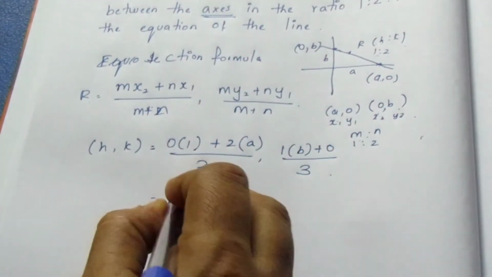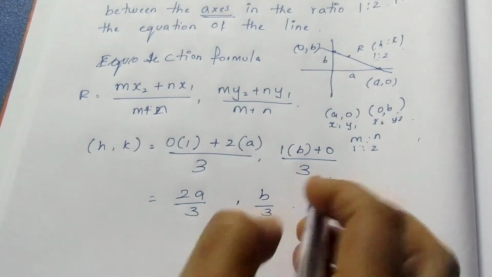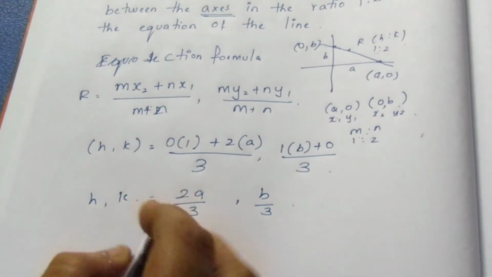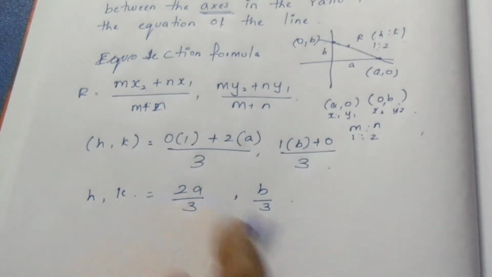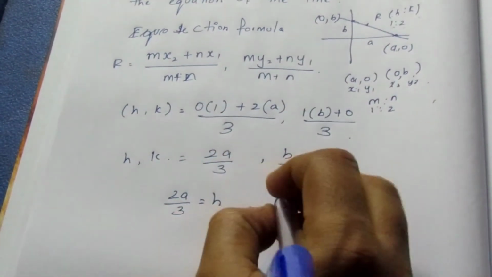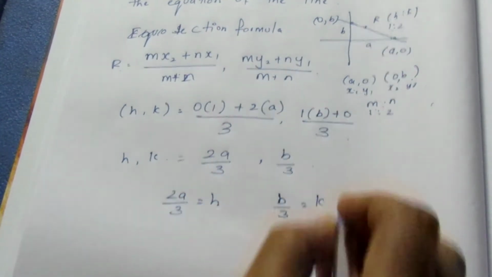Now this becomes 2A by 3, comma, B by 3. We know this is equal to h comma k, so 2A by 3 is equal to h, and B by 3 is equal to k.